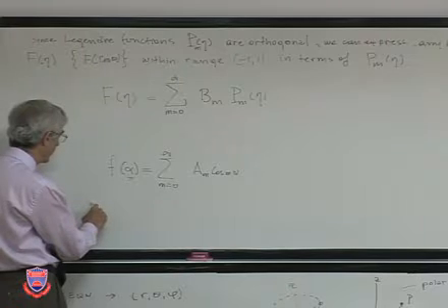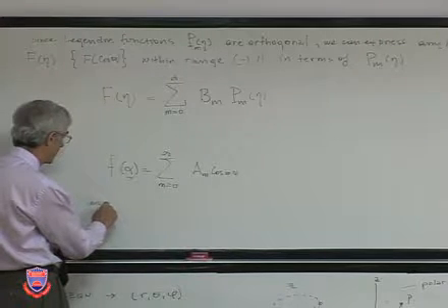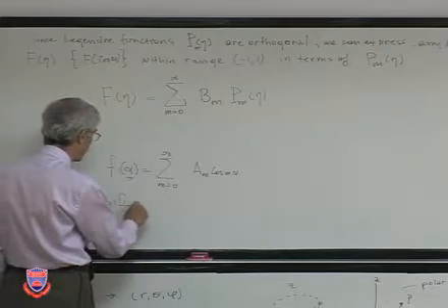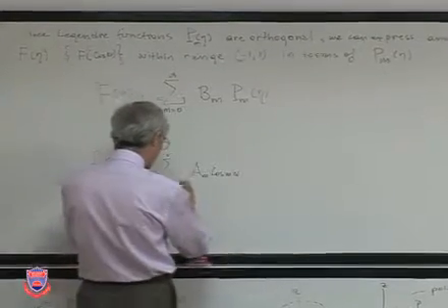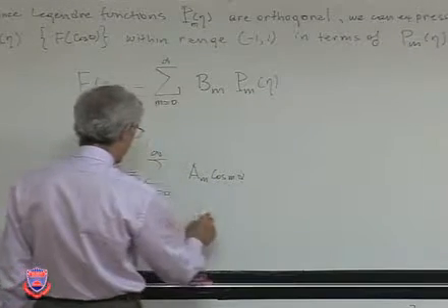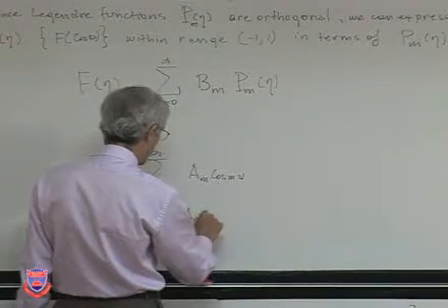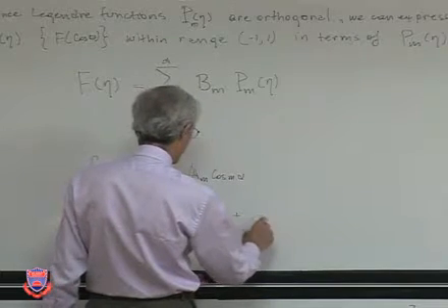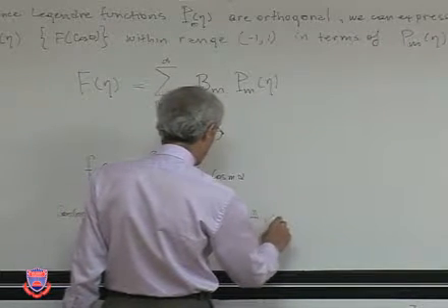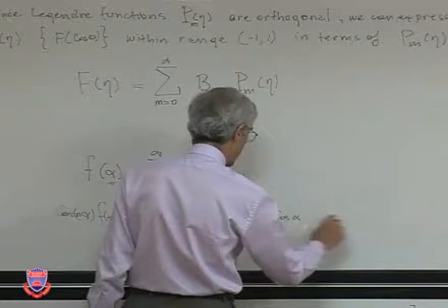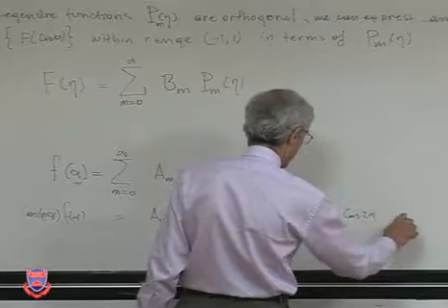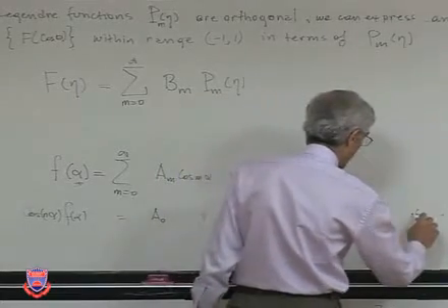So if I do this, f of alpha, and think about an expansion of this: a0 plus a1 cosine alpha plus a2 cosine 2 alpha, and so on.